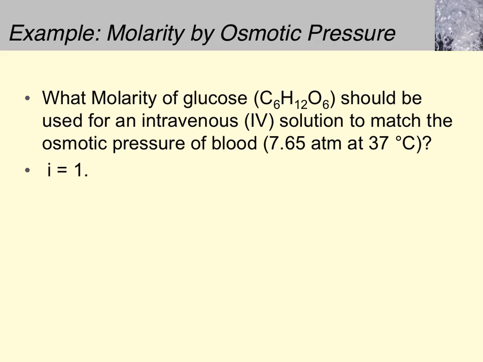All right, so here's a simple example of it. All right, so as always, the first thing you want to do is write the formula down for osmotic pressure. Molarity times universal gas constant times temperature in Kelvin times the Van't Hoff. Well, they just told us that Van't Hoff is 1.